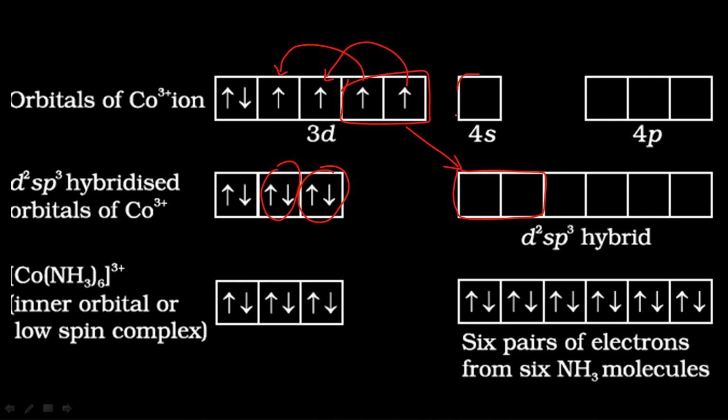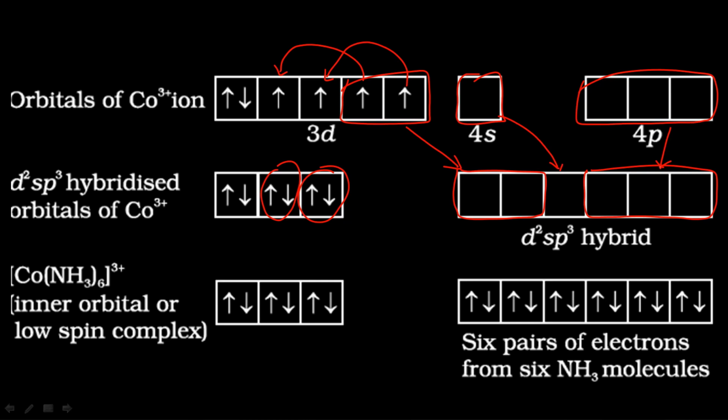This 4s was empty, and these three are empty. Why am I interested in these orbitals only? Because I need 6 empty orbitals which could accept the electrons from ligands. The central metal atom has to accept 2 electrons from each ligand.